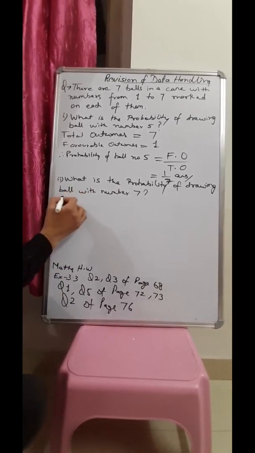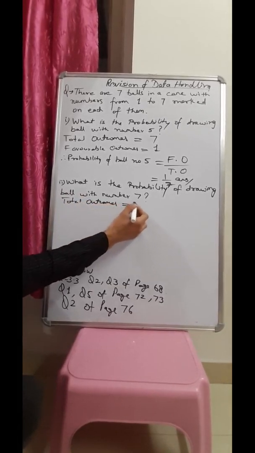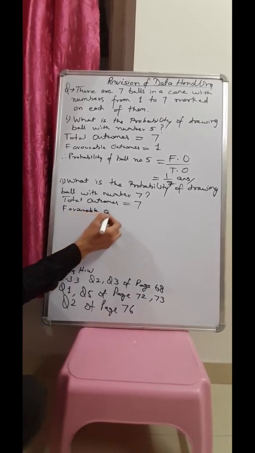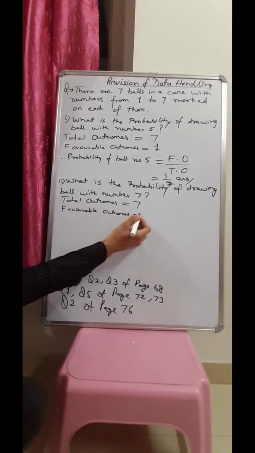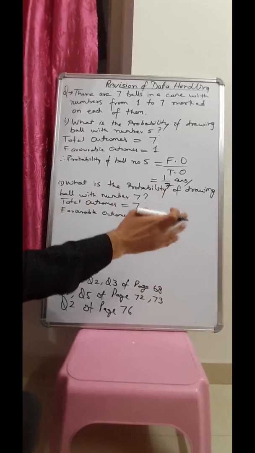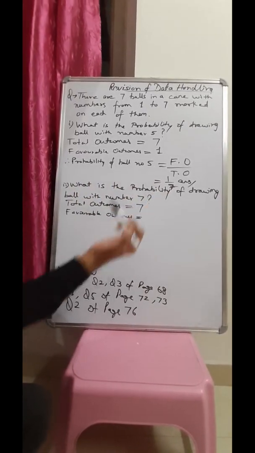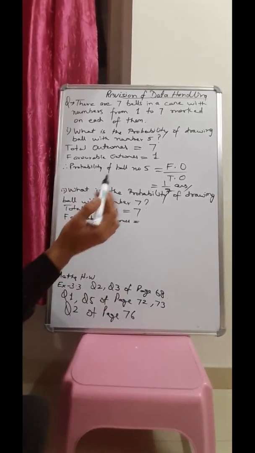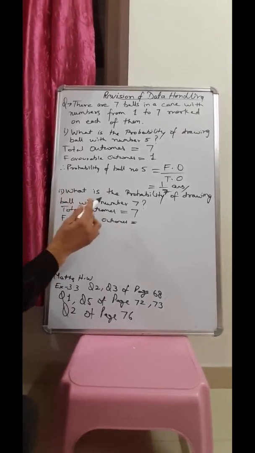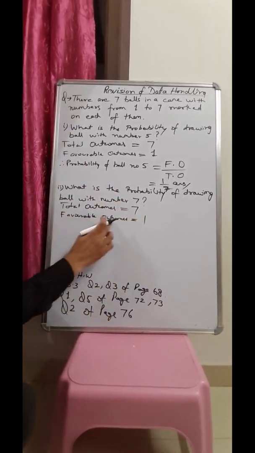Again the total outcomes will be 7, and we have been asked to find the probability of a ball with number 7, so that will be your favorable outcome, and the number of balls having number 7 is 1. So the favorable outcome will be 1.